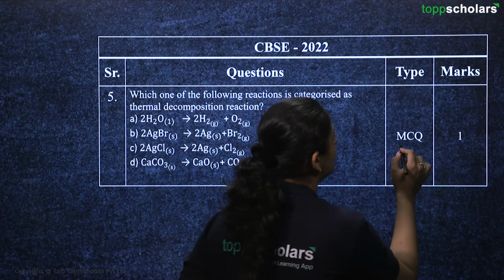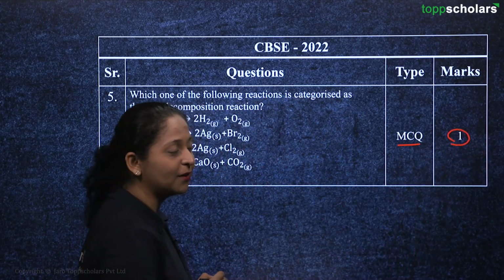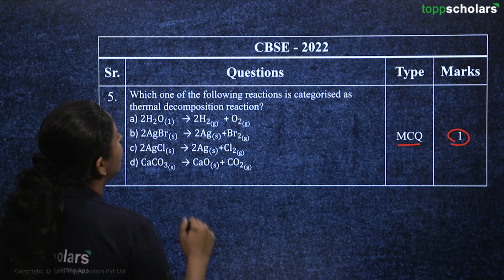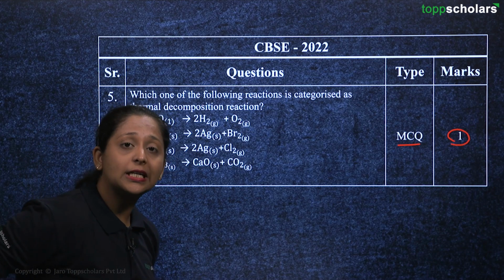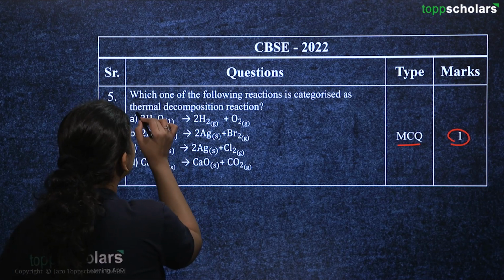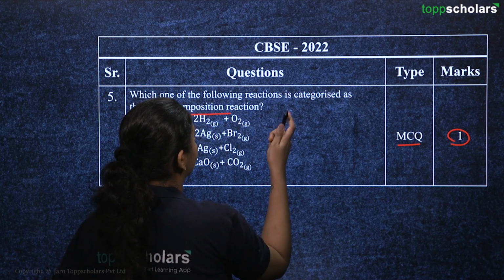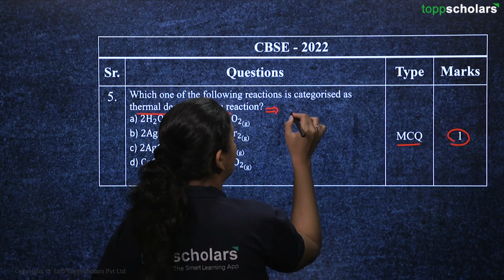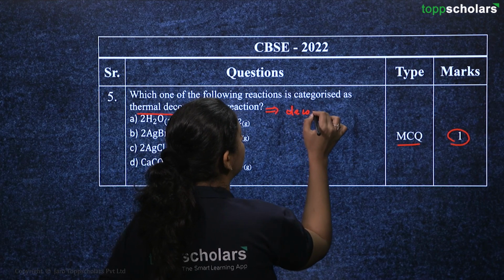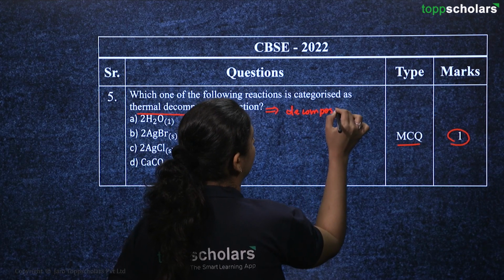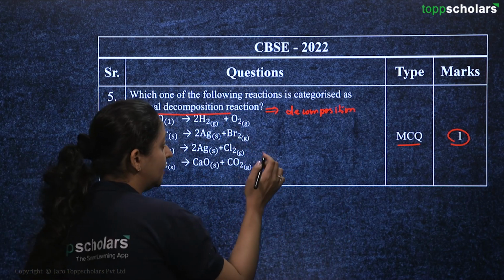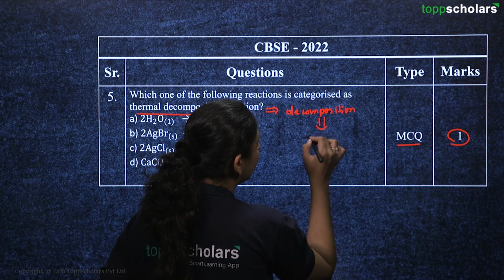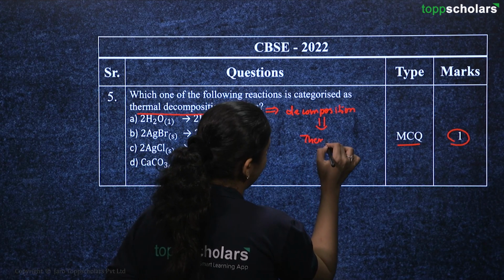1 more multiple choice question from the same year paper. Which of the following reactions is categorized as thermal decomposition? How would you understand thermal decomposition? In this reaction, you would see that there is decomposition carried out, correct? You want to decompose the reactant, but here you are using thermal energy to do that.